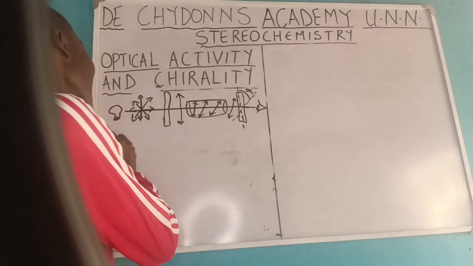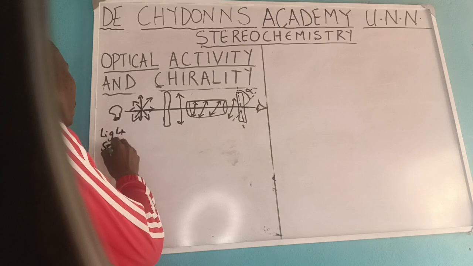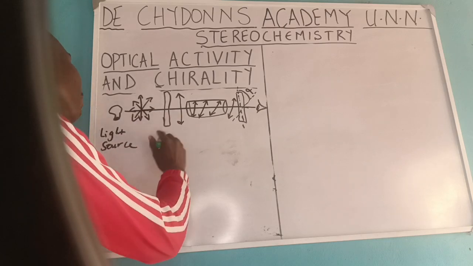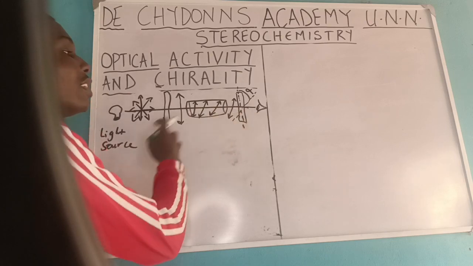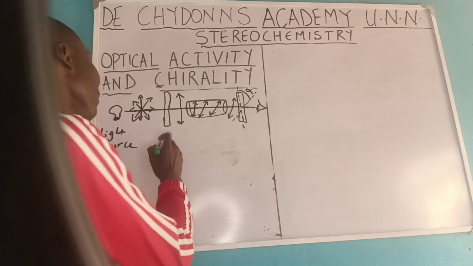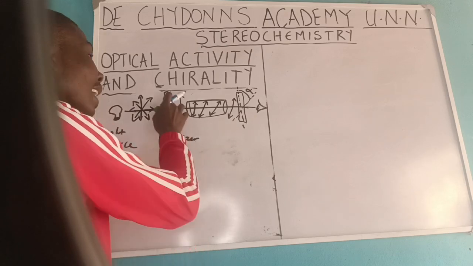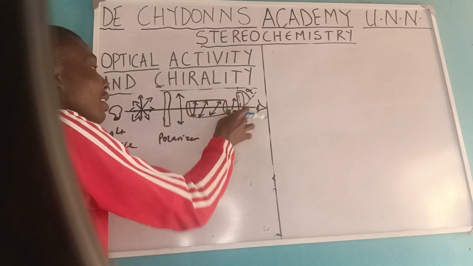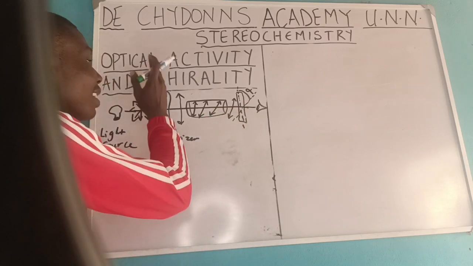Now we have the light source, and then we have what we refer to as lenses. You can refer to them as lenses, but they are polarizers. The first one serves as a polarizer, and the second one is also a polarizer.